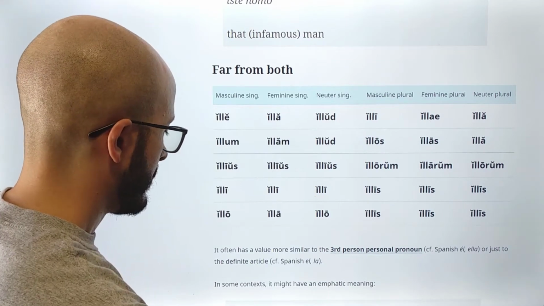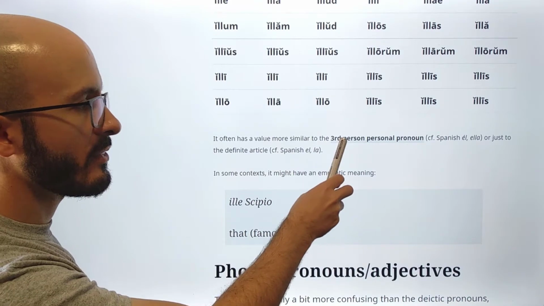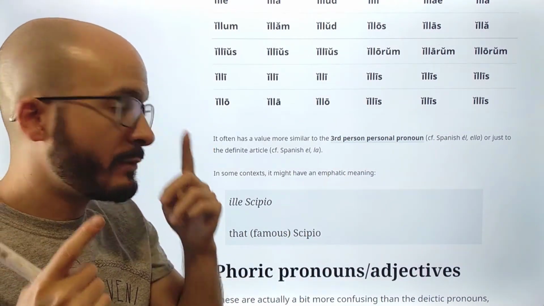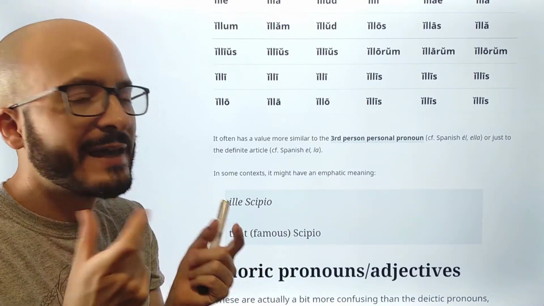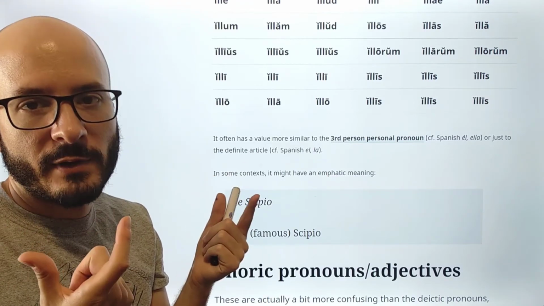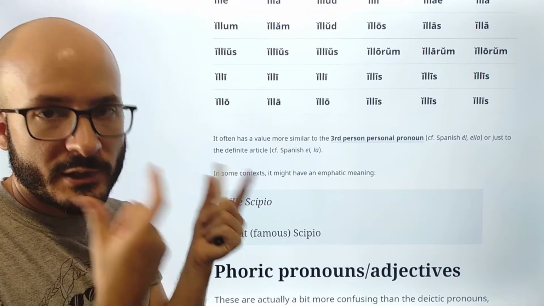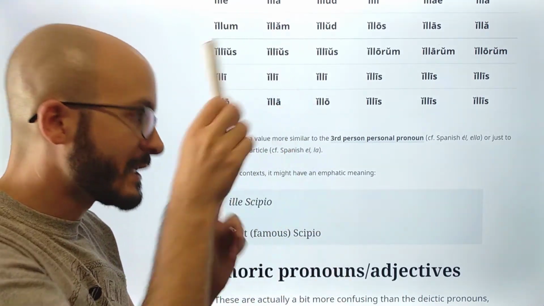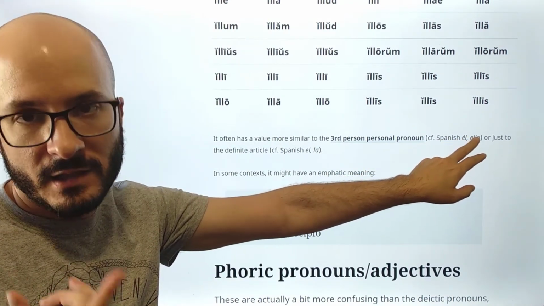Then, it often has a value more similar to the third person personal pronoun. Remember that when we were studying personal pronouns, we said in Latin there is no third person personal pronoun by itself. So when you do need a third person personal pronoun, you use, for example, this. And that's why, for example, Spanish has él, he, ella, she.